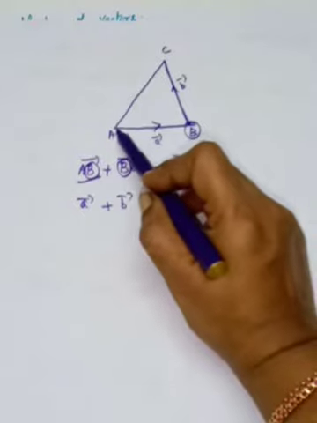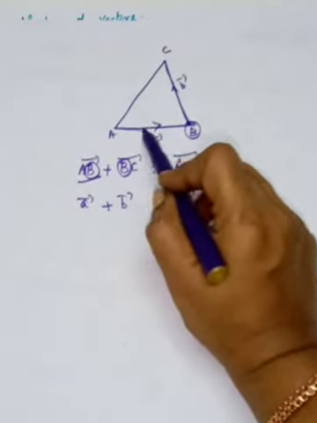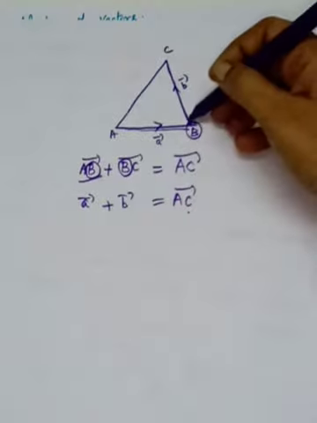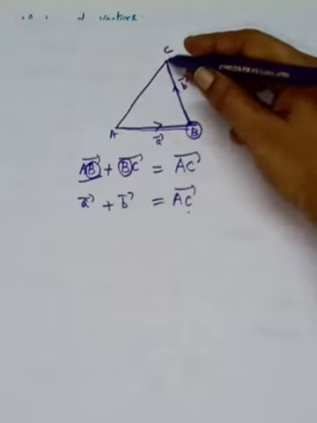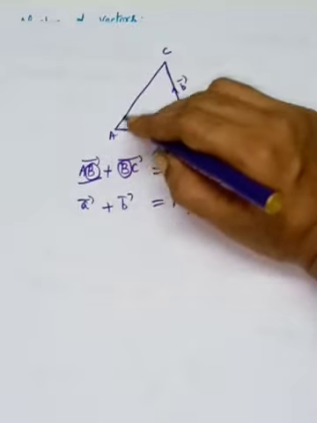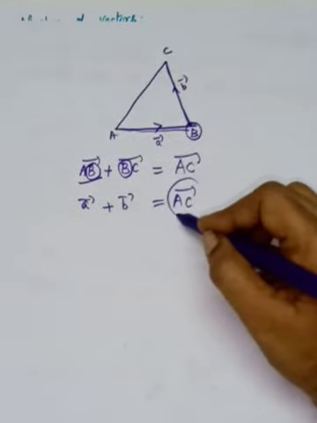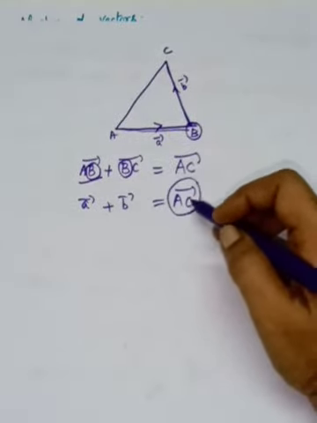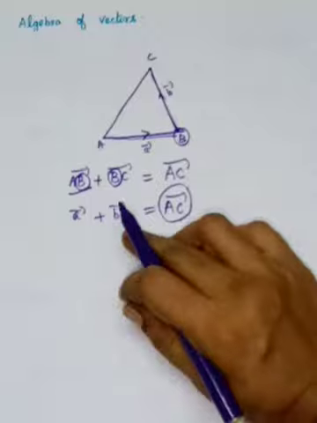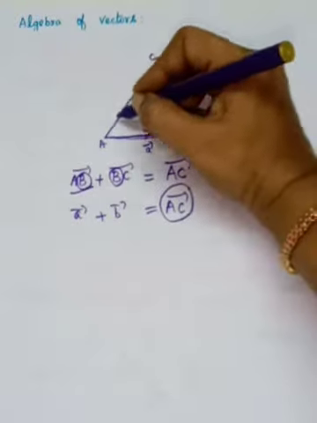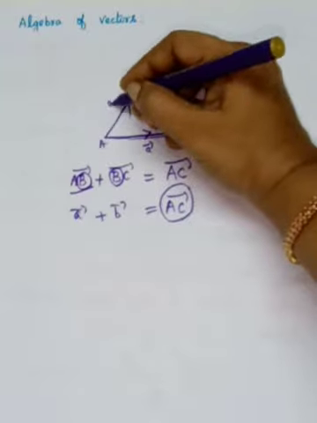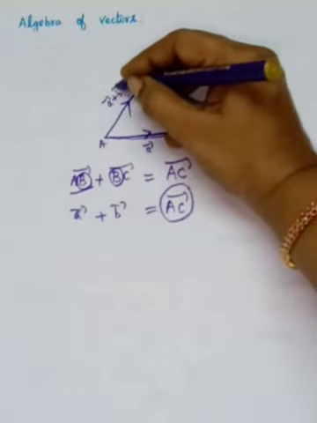Because how have we taken the two vectors? AB vector, next one BC vector. If we take it in the same order, it would be CA vector. But which one will represent the sum? The third side in the reverse order will represent the sum of these two vectors. So AC vector represents A vector plus B vector.